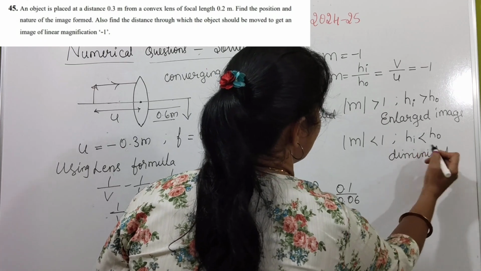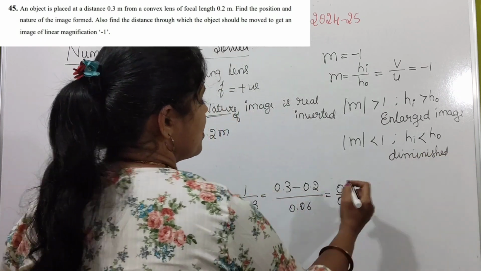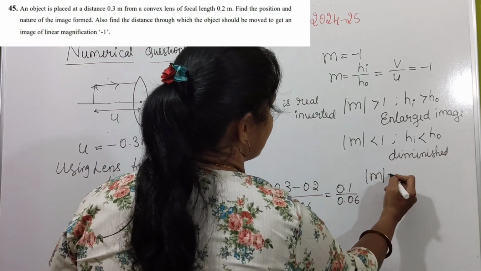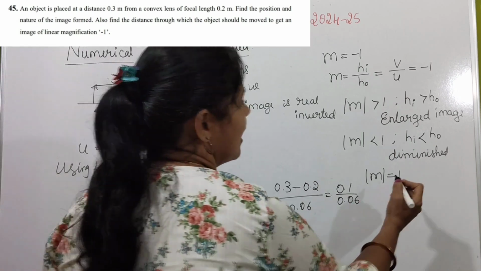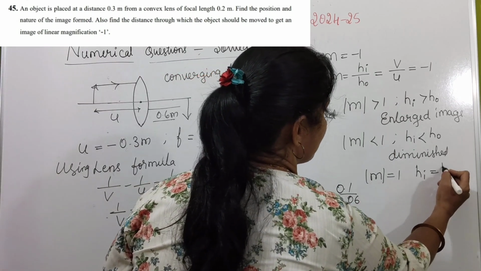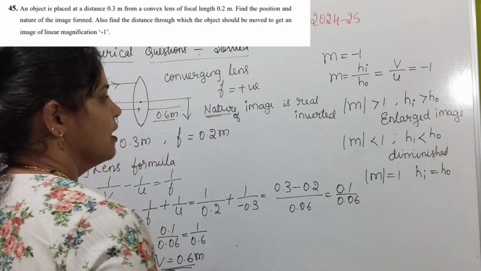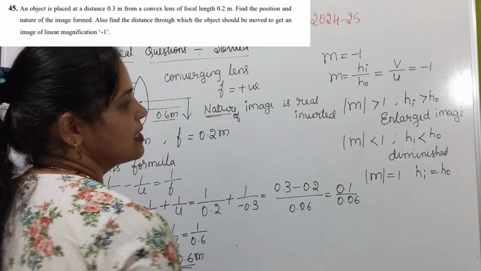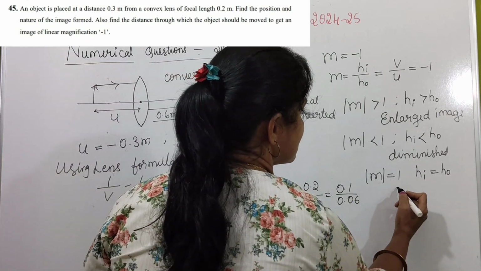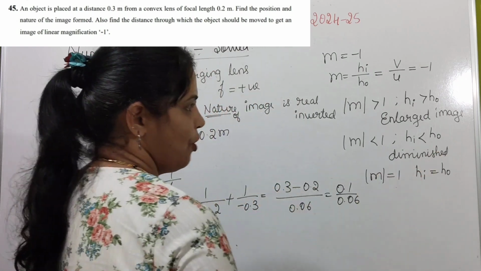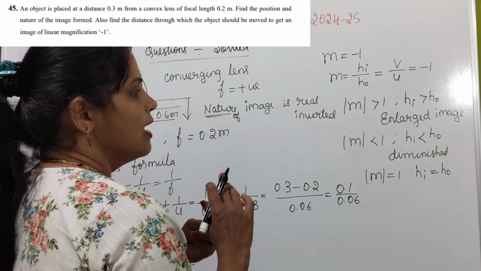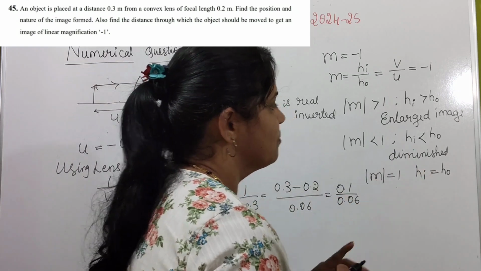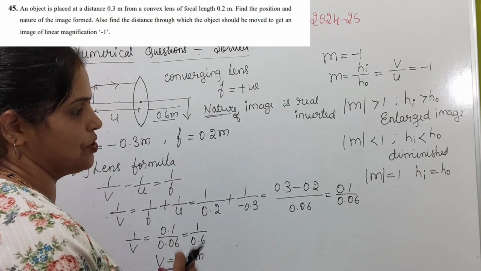So if the magnitude is 1, either plus 1 or minus 1, then height of image is equal to height of object. Both are the same, that means the size of the image is the same as the size of the object. So image size is not changed.